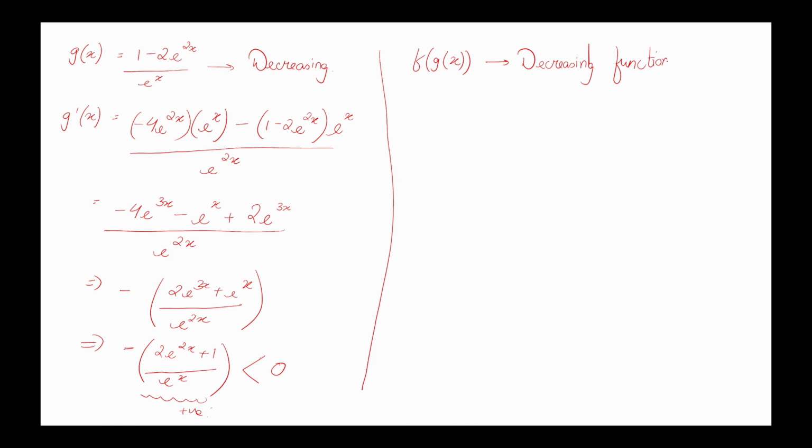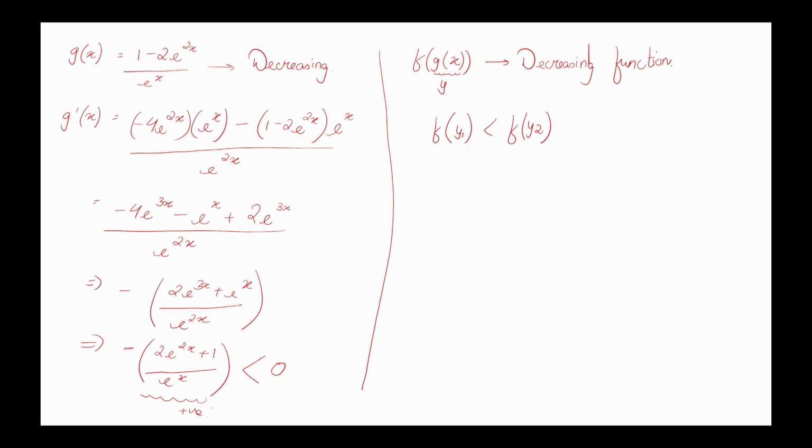Now I need all of you to pay attention properly. Let's say I consider this g of x to be y1, with a variable y. So what can I say is that my f of y1 would always be less than f of y2.